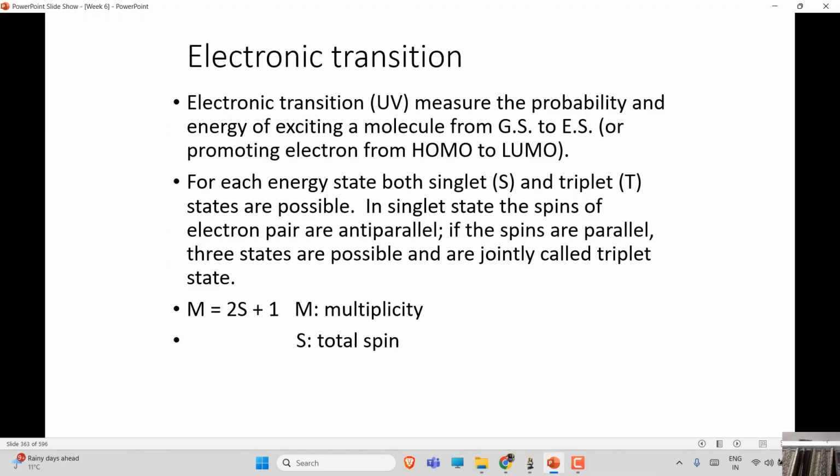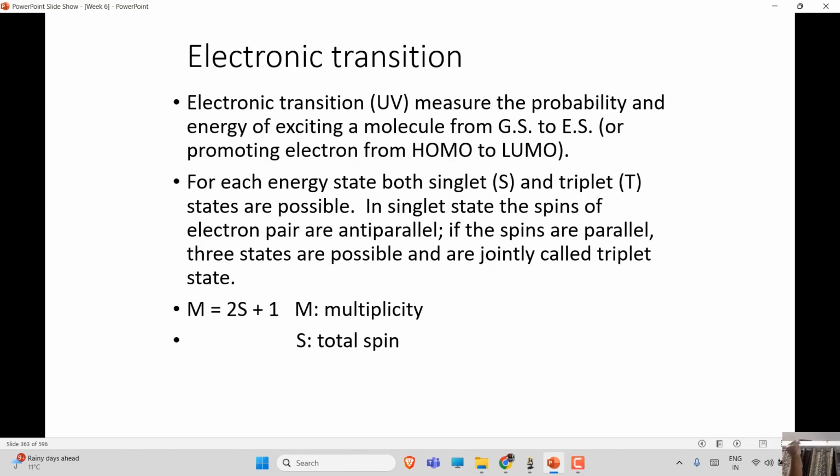Now if we talk about electronic transition, it measures the probability and energy of exciting a molecule from ground state to excited state, or promoting an electron from HOMO to LUMO. For each energy state, both singlet and triplet states are possible. In a singlet state, the spins of the electron pair are antiparallel.